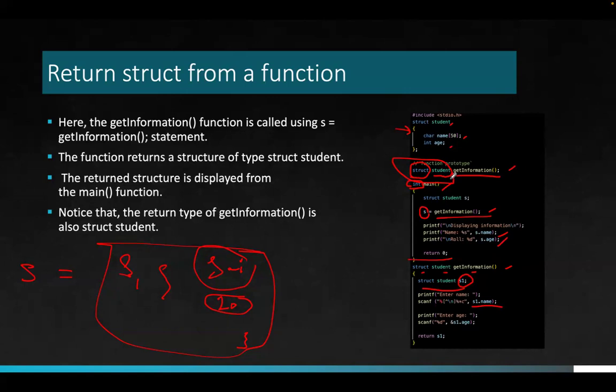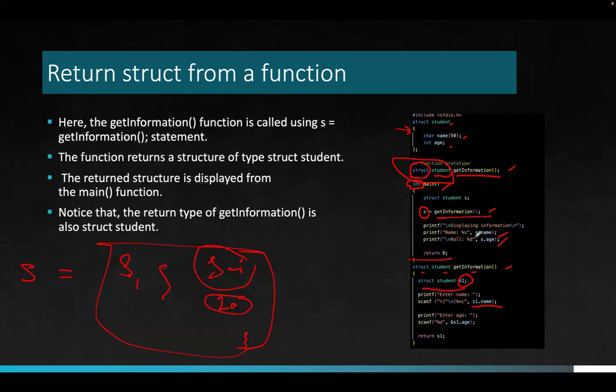One is I want to make use of the structural properties of student, and at the end of this function, I need to return the structure variable of the same type as the student. That is the reason we have used student over here.